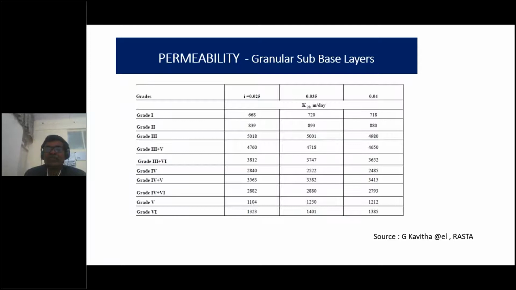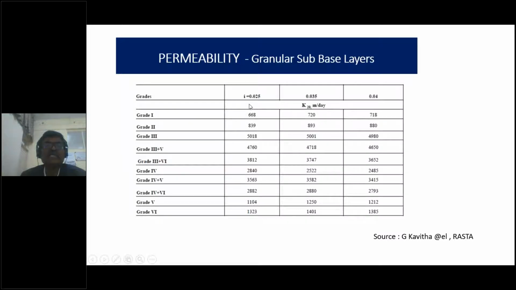So what I'm trying to present here is grade 1, grade 2, grade 3, grade 4, grade 5, and grade 6. The intention of GSB is gap graded so that water flows easily, voids are more kept. Within this GSB, based on the research carried out by Professor Kavita Frasta, you can see the variation in the permeability.